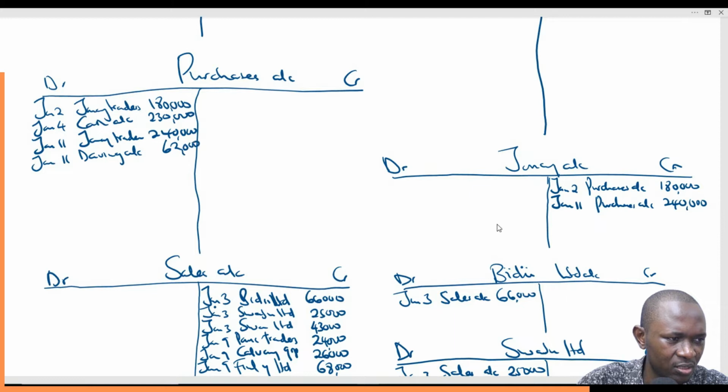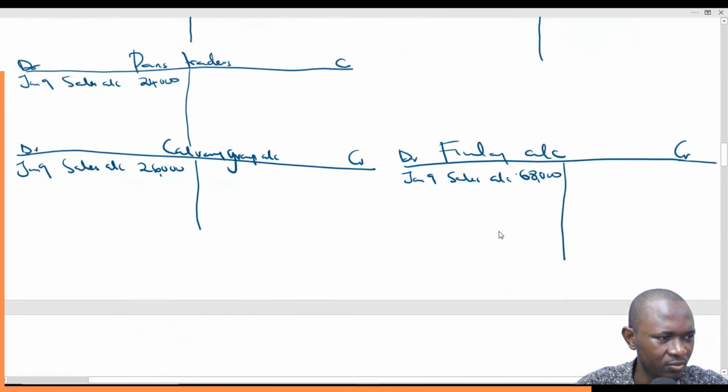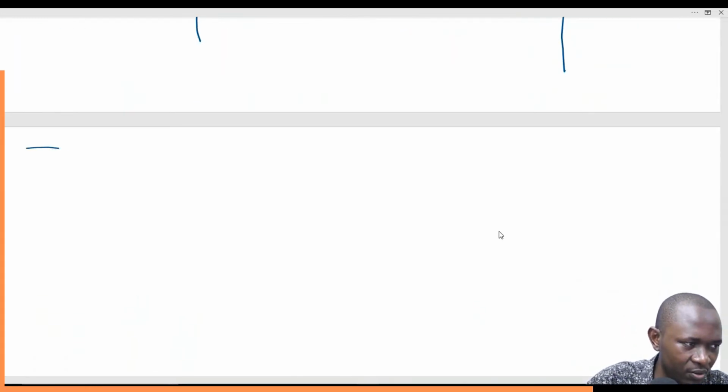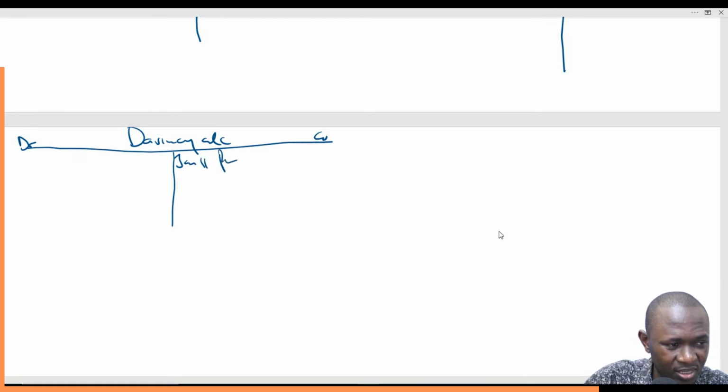So we come here and open a Da Vinci account. Da Vinci account. So this is credit, this is debit. And because these are creditors, January 11th purchases.